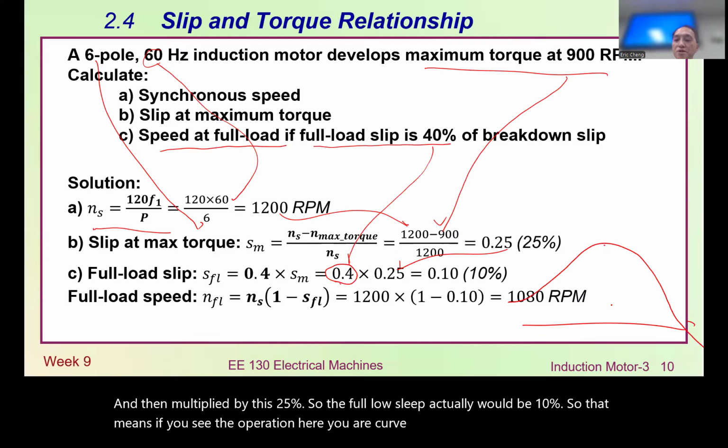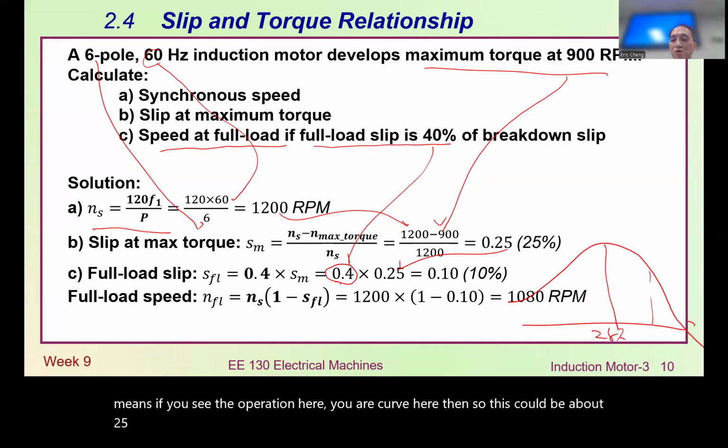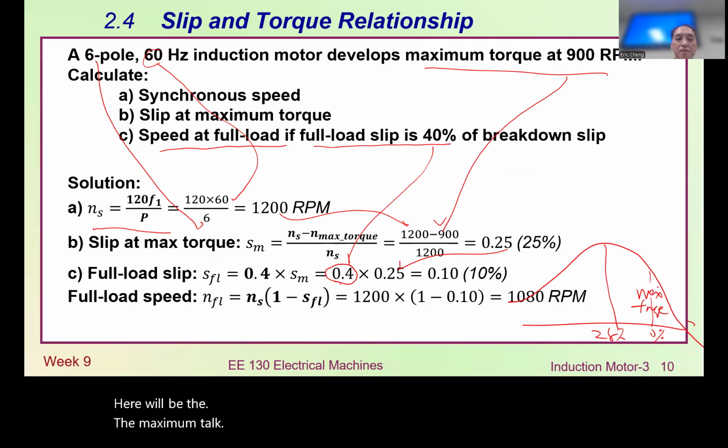This could be about 25%, and one of the good operating points is at 10%. That's the full load, and here will be the maximum torque.